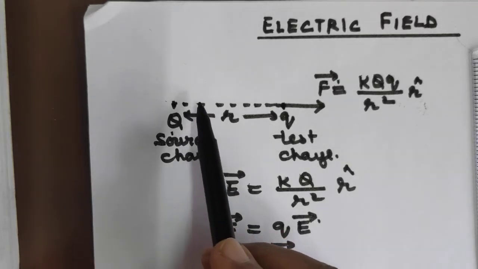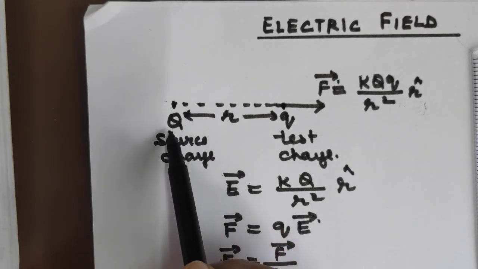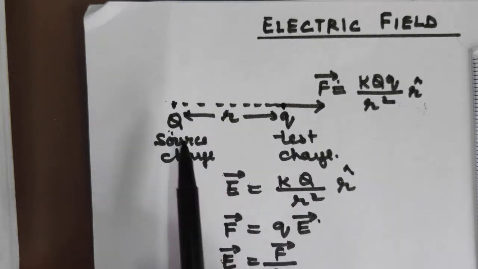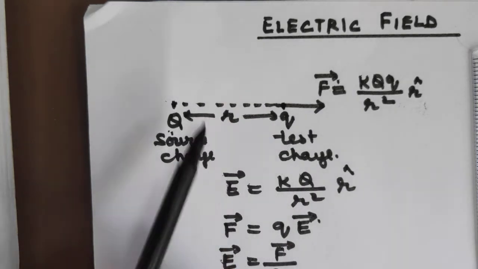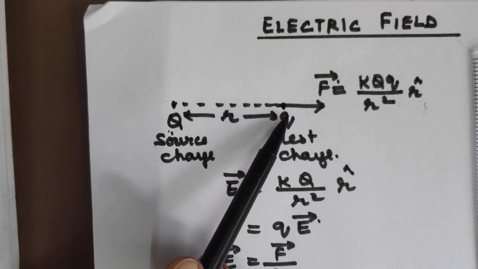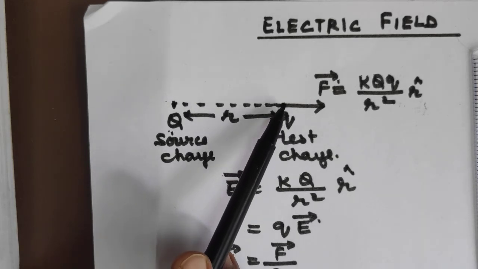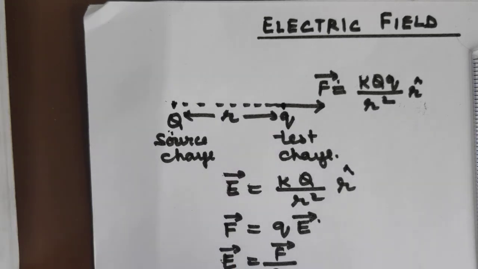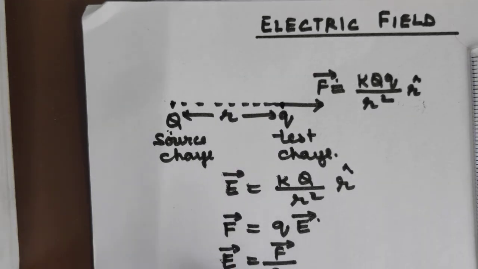Again I repeat, electric field due to charge Q may be defined as the force experienced by a unit positive charge at a point. So the unit of electric field is Newton per coulomb, force per unit charge.